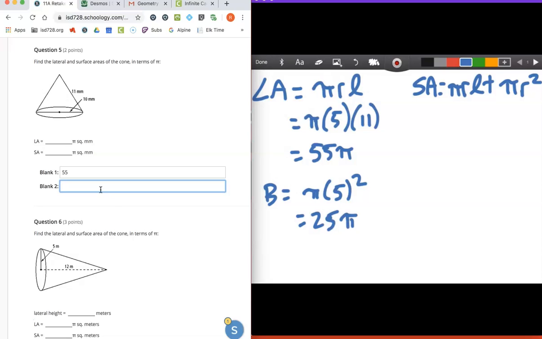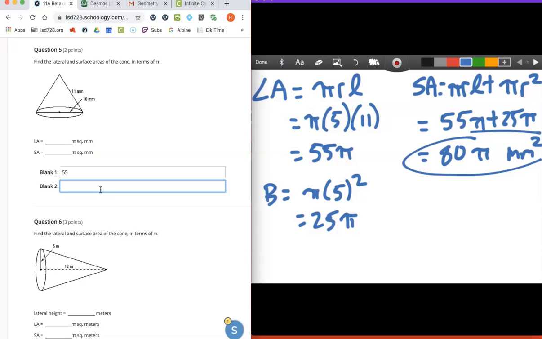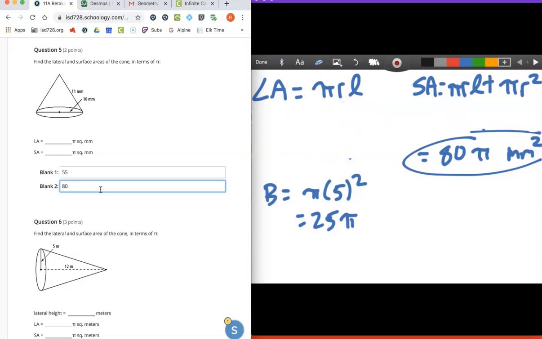So we're doing the surface area, which is just adding those together. 55 pi plus 25 pi. 55 plus 25 is 80. We have square millimeters for our unit for this one. So 55 and 80.